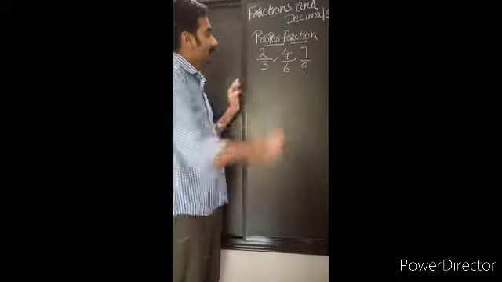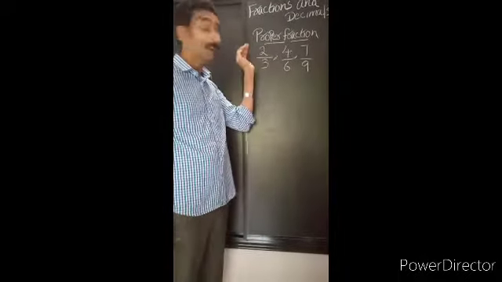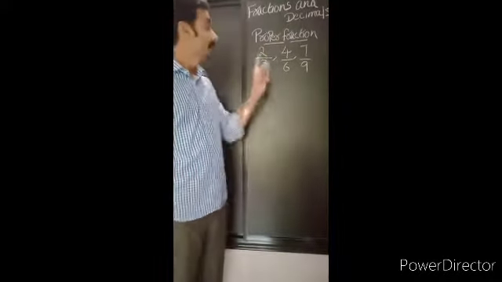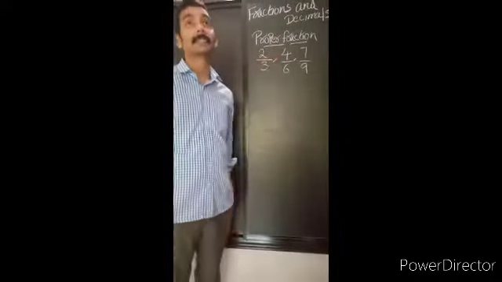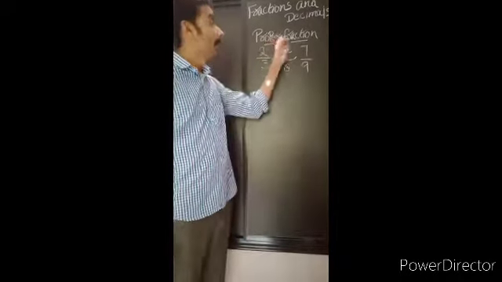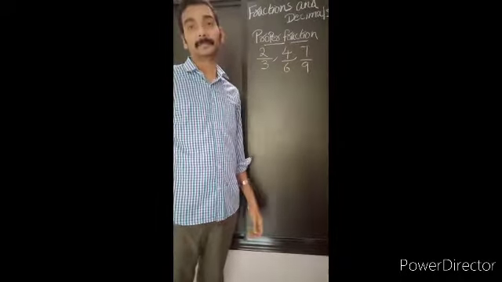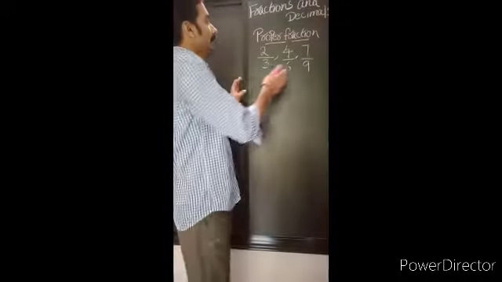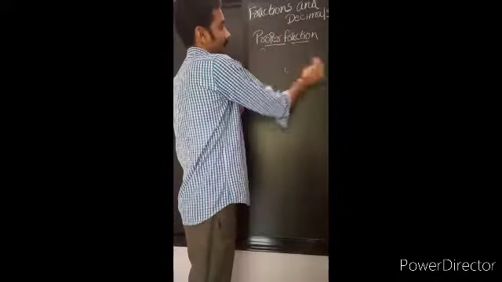In this case, the denominator is greater than the numerator. This type of fraction is a proper fraction. Clear? Okay.